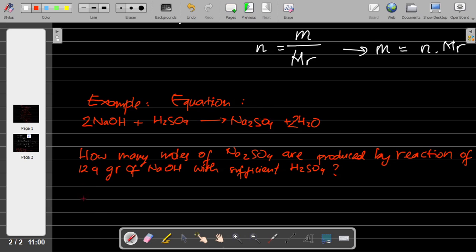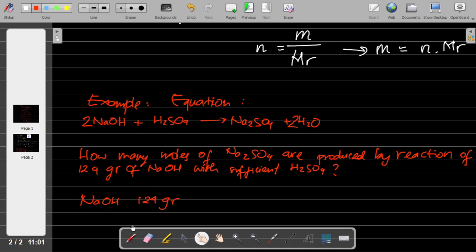So we have NaOH here, 124 gram. Because the coefficient of this equation is a moles ratio, we have to convert this quantity into moles first.